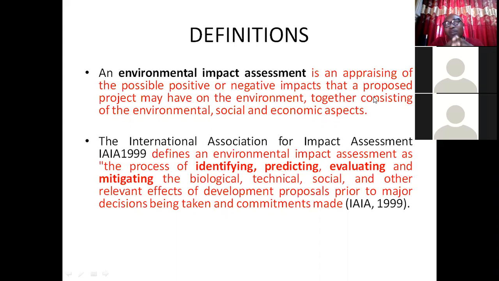And after identifying, predicting, and evaluating, an EIA must also put in place a mitigation measure by which that impact can be curtailed. The impact can be biological, technical, social, or other relevant aspects of the project.